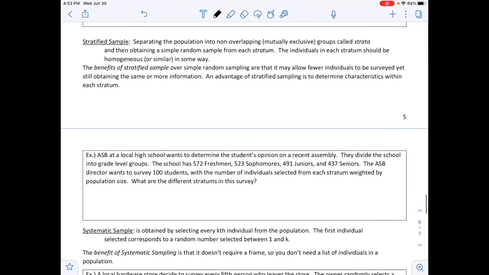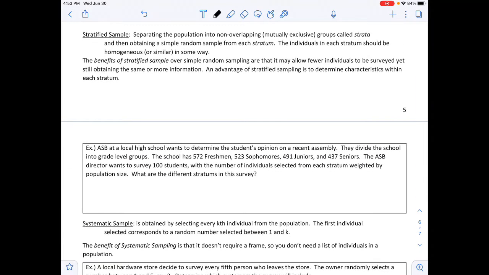So next thing that we get into is different types of sampling methods. So the first one that we have on here is stratified sample. This is separating the population into non-overlapping or mutually exclusive groups. We call these strata, and then obtaining a simple random sample from each stratum, so from each group.